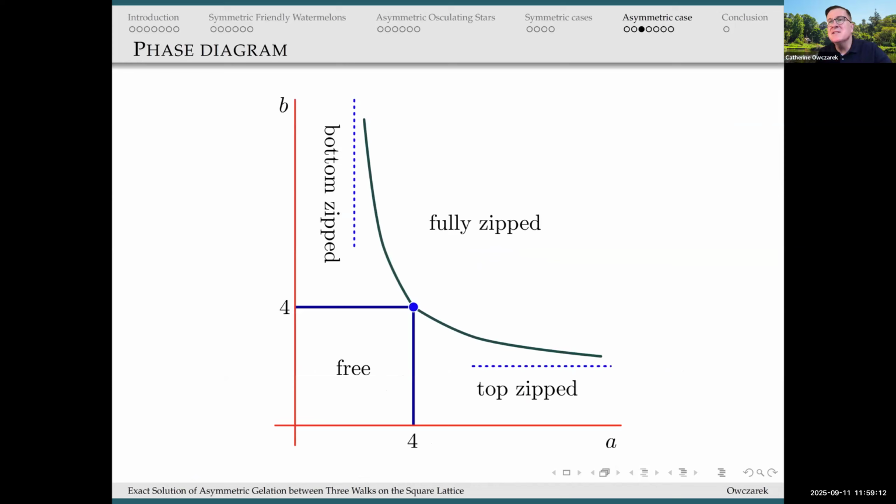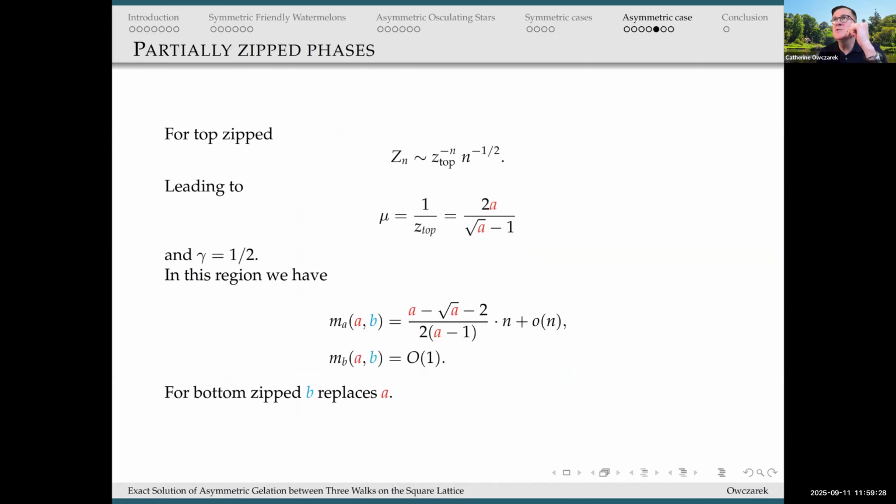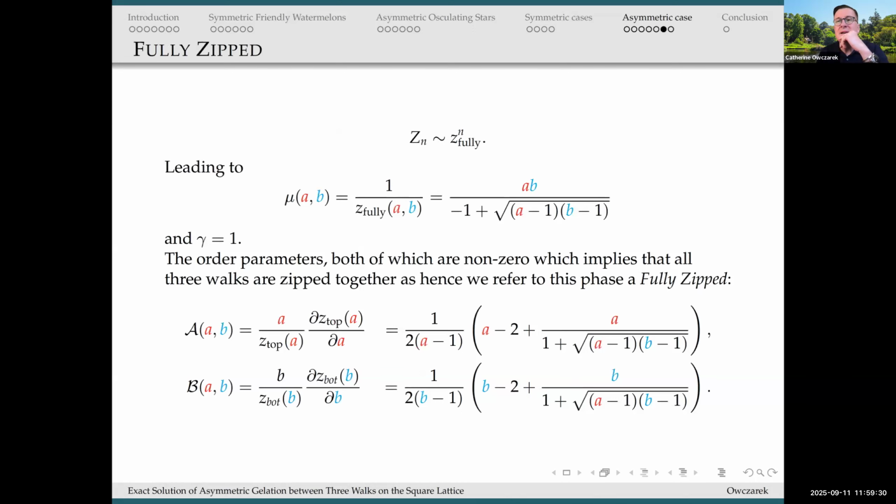We could find a phase diagram where you have these free, bottom zipped, top zipped, and fully zipped phases. And we could find all the exponents that you'd ever want, which I'll just go through quickly because maybe it's not a problem you're interested in, but we have an explicit solution for everything.